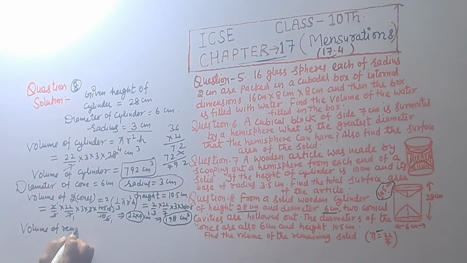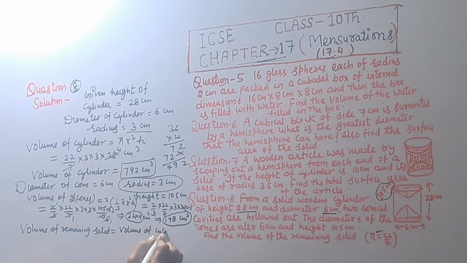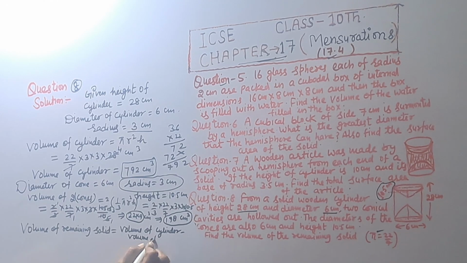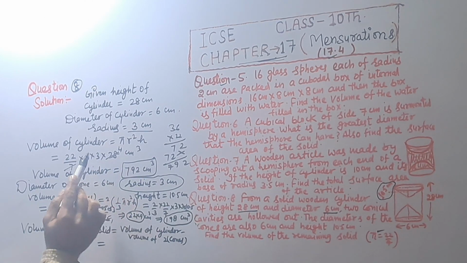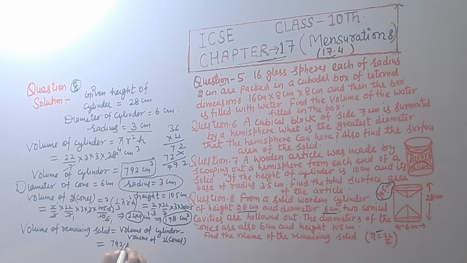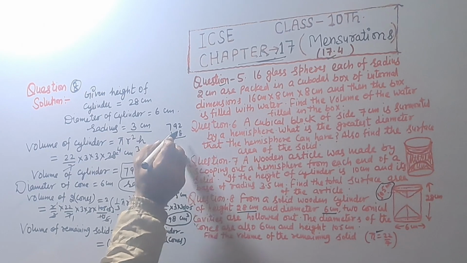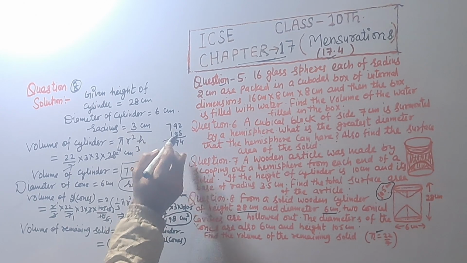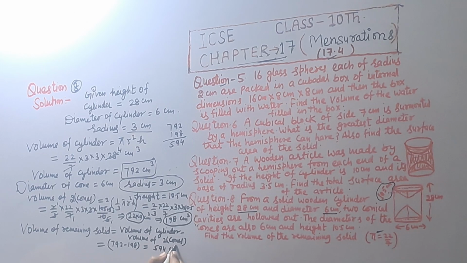Volume of remaining solid equal to volume of cylinder minus volume of two cones, that is equal to 792 minus 198. 792 minus 198, 4, 9 and 5 equal to 594 centimeter cube.